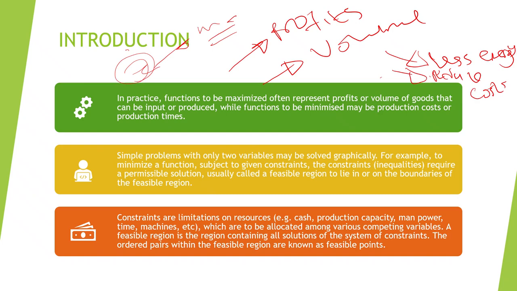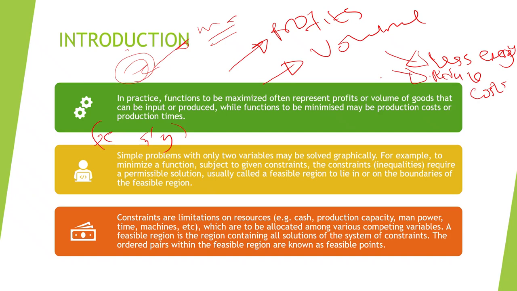So simple problems with only 2 variables may be solved graphically. Okay, so at your level you have 2 variables, and those can be solved graphically, can be represented as x and y. So you may have those 2 variables representing, let's say, offer or flour, things like those.